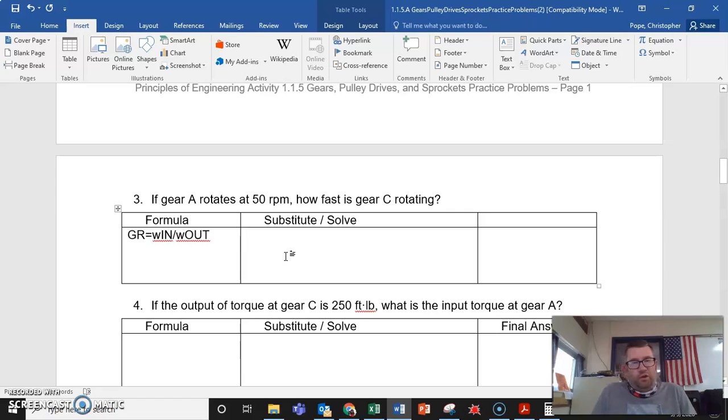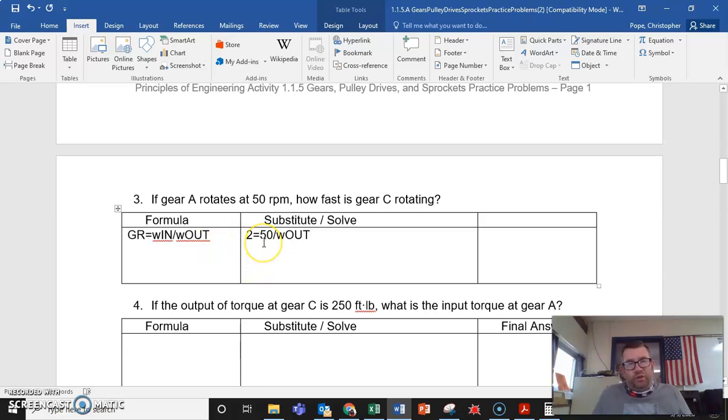So now I want to substitute and solve. We already know what our gear ratio is. That's 2, equals my gear in, which is 50, and we want to know the gear out, or RPMs out.